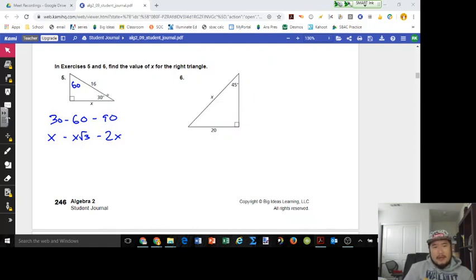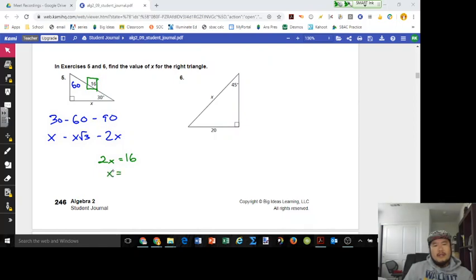So if I look at my diagram, what I have right here is 16. The 16 is the side opposite of the 90-degree angle, which is our hypotenuse. What we're saying is that the side opposite of 90 is equal to 2x. Well, if I know that an entire side is equal to 16, what I can do is set 2x equal to 16.